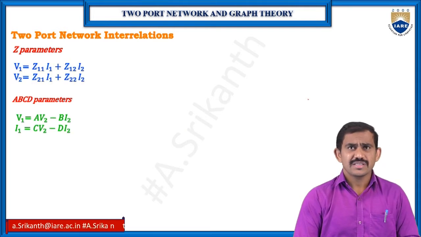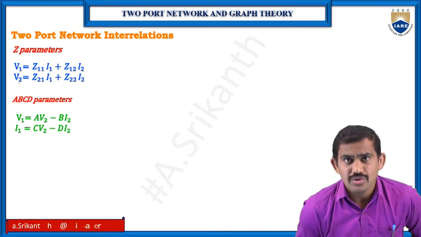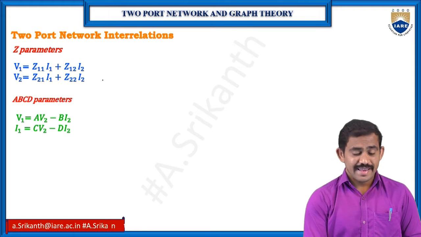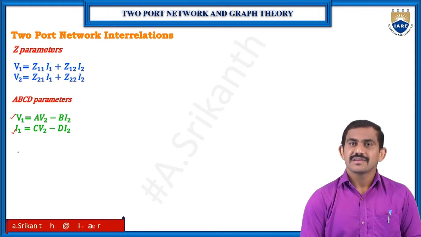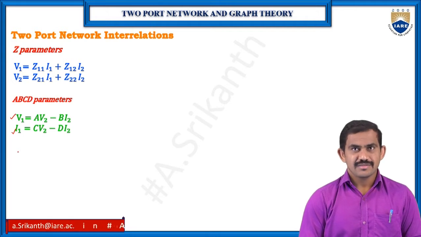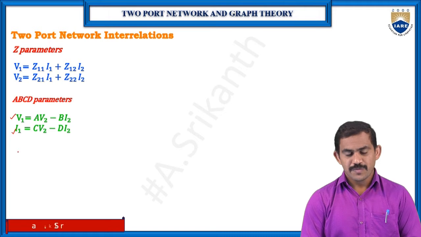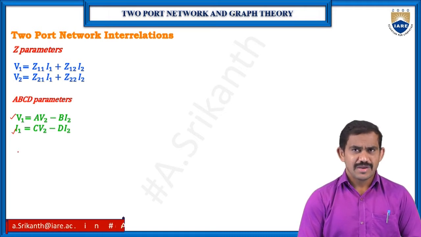So we know the equations v1 and v2. Those are the z parameters values, and same thing ABCD parameters values, v1 and I1 in form of v2 and I2. So this is the ABCD parameters. You can call it transmission parameters also. So when I know ABCD parameters, I need to find out z parameters.